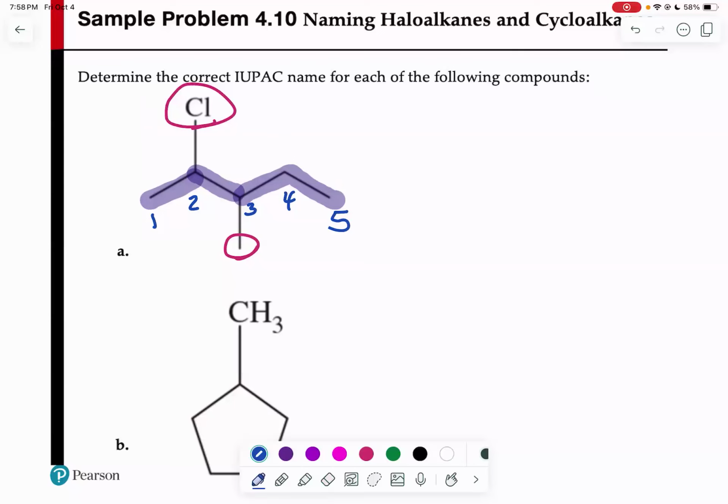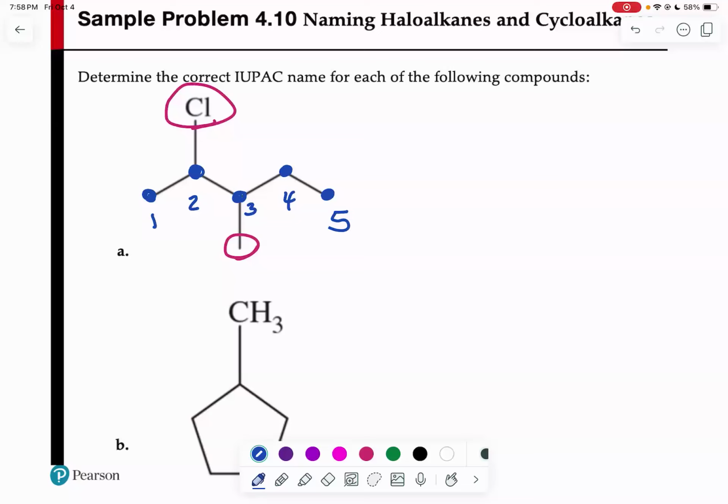Okay, so here's my parent chain. My parent chain is 5 carbons long because each of these ends and any place where lines meet are carbons. I'm going to erase my highlighting so that you can see these a little better. Everywhere I've drawn a dot is a carbon on the parent chain, so I have 5 carbons in the parent chain.